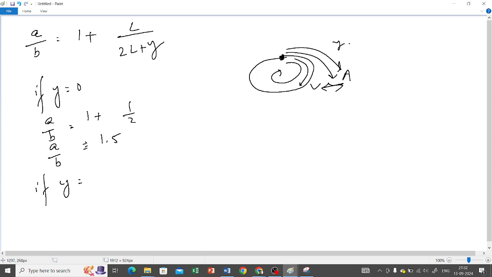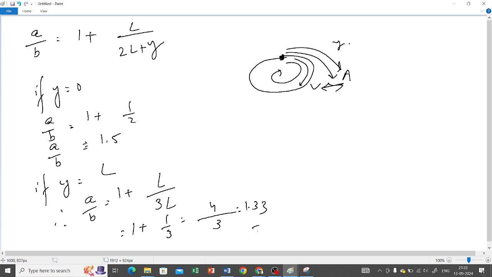So when Y is 0, A by B is 1 plus 1 by 2, which is 1.5. What can be the maximum value of Y? The length of the track, which is L. So A by B is equal to 1 plus L by 3L, that is 1 plus 1 by 3, 1.33, right? So this is the lowest value and this is the highest value, and that is in the options.